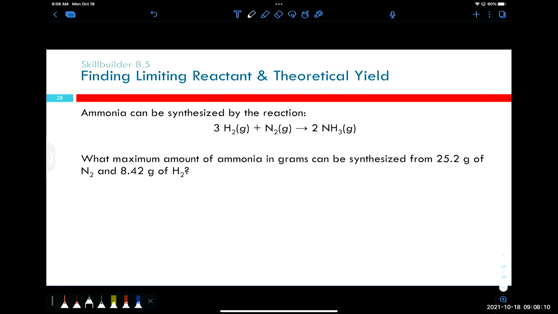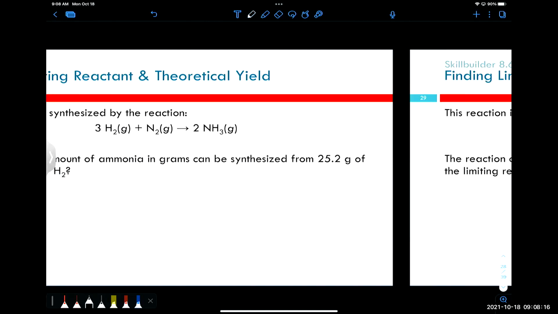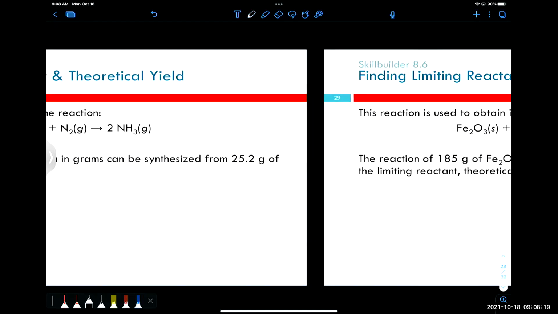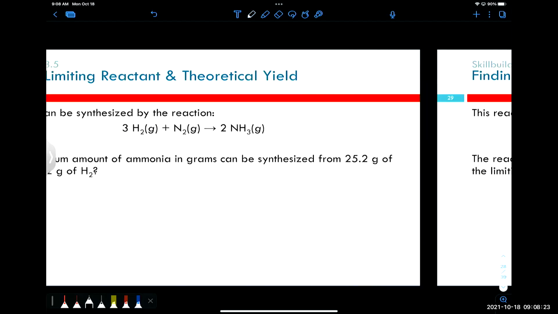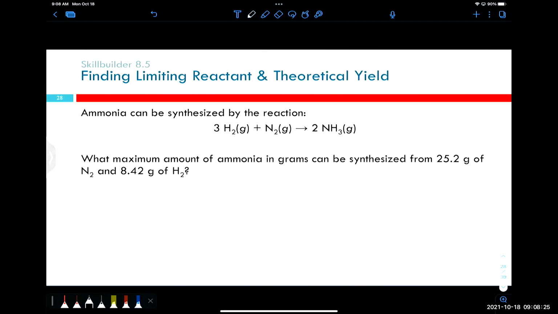Yet another example. So let's do another example. Let's try and do something a little bit different with this one and start out by writing out the steps that we're going to take as we go through this. So the first thing that we need to do is check the units.